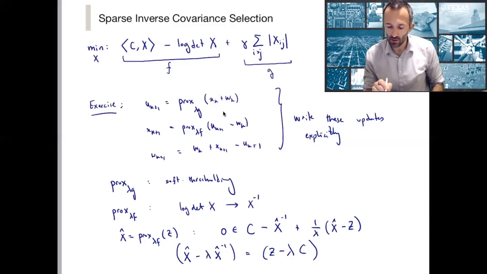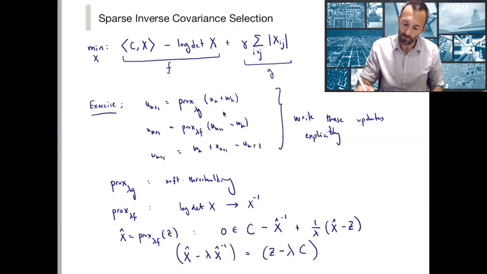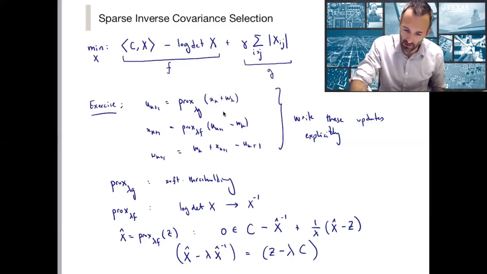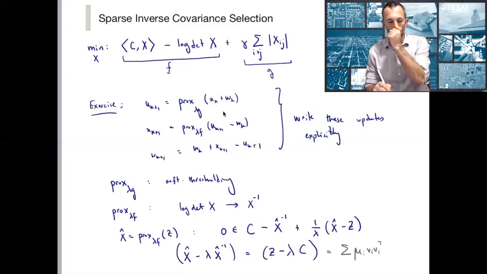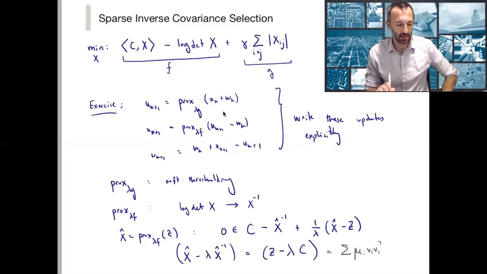So note that on the right-hand side I have a symmetric matrix. Let me write it in a different color since this is my hint. This is equal to the sum of mu_i v_i v_i transpose.